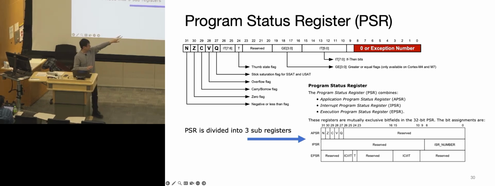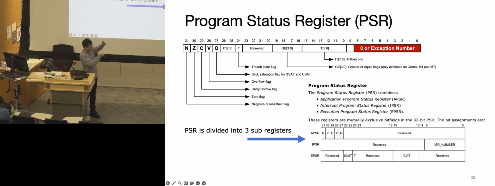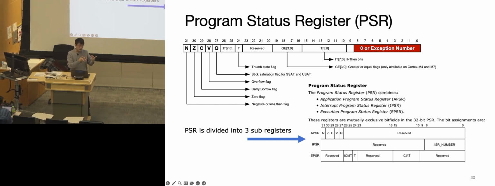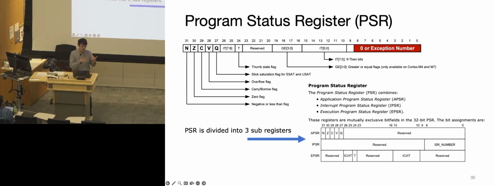They just nicely reserve different parts so that they become 3 sub-registers. The reason for that is mainly, I believe, safety, so that you don't accidentally access the wrong register or change a part you're not supposed to change, because these are very critical registers that hold all the state, etc.